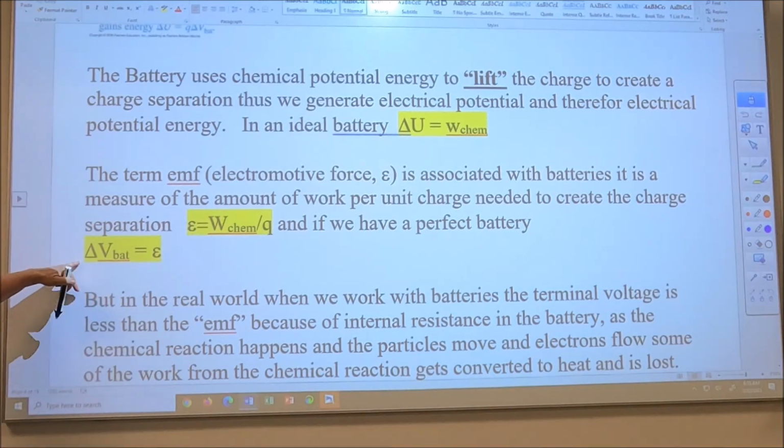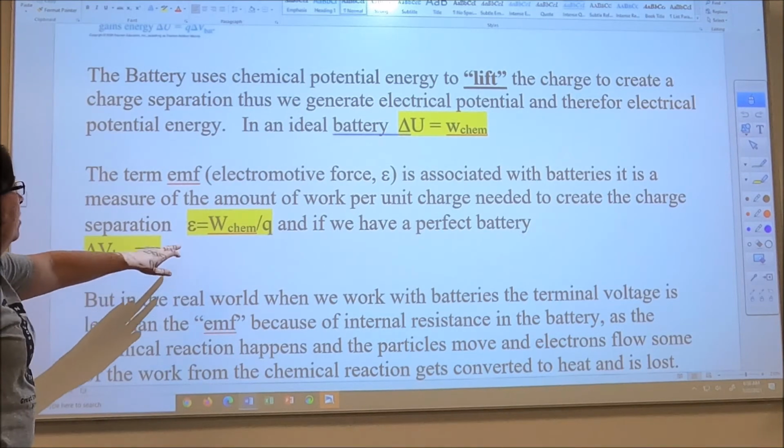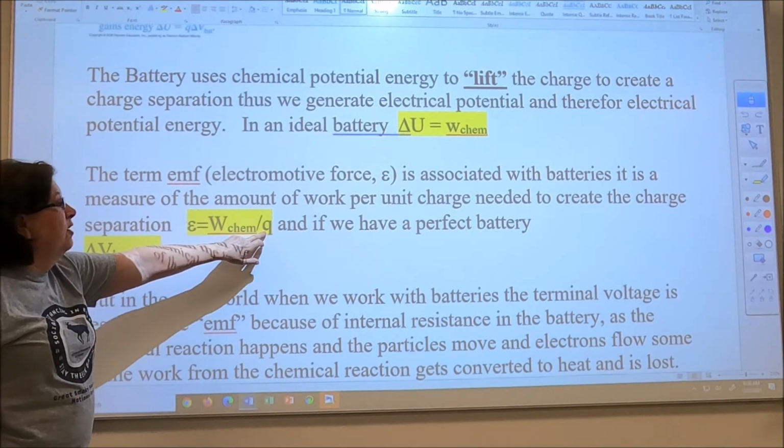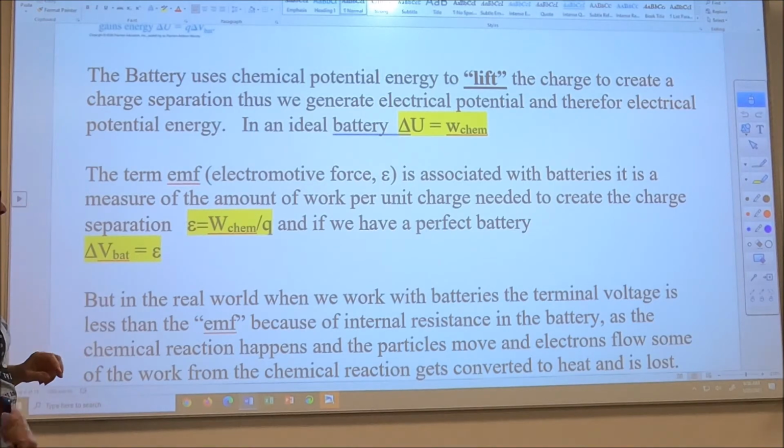Now, if we had a perfect battery, the voltage, or the change in electrical potential, not potential energy, would equal epsilon. But if you've ever used a battery and touched it afterwards, you know that it heats up. So the actual electrical potential of the battery is always a little bit less than the chemical work divided by the charge being shifted.